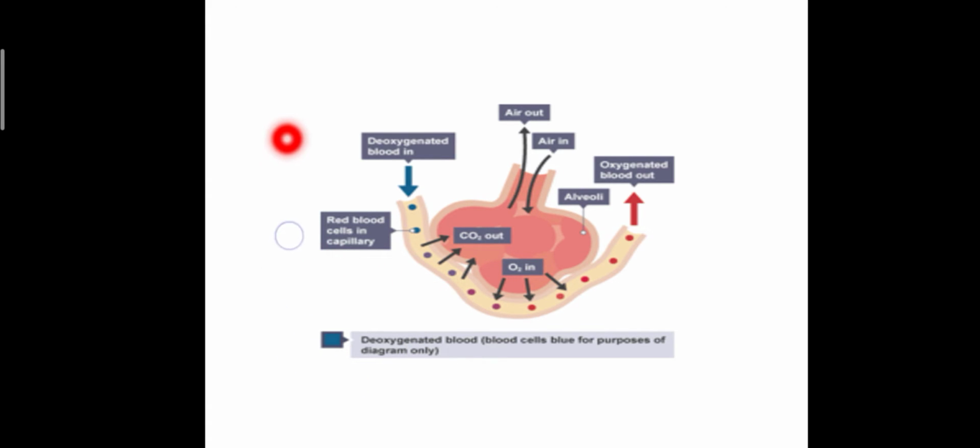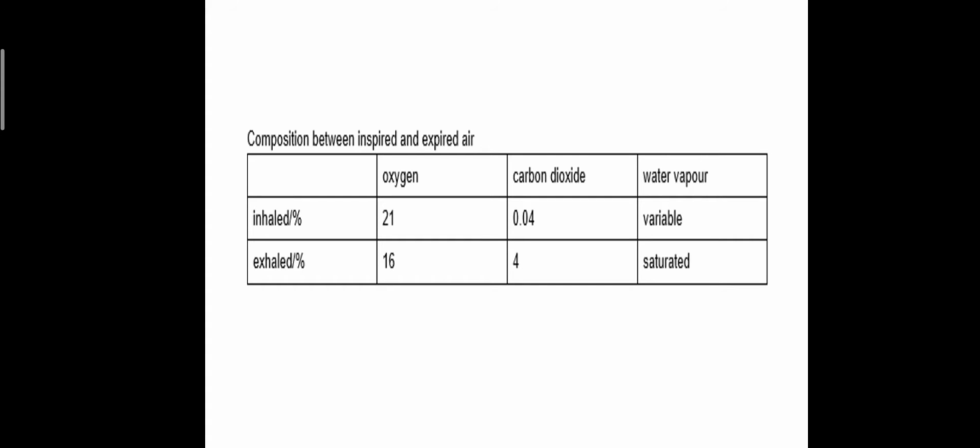Here the deoxygenated blood is entering, and air is coming in, oxygen coming in, and oxygenated blood coming out. Now this slide is showing the comparison between the inspired and expired air.